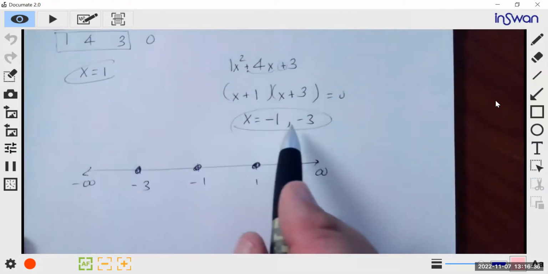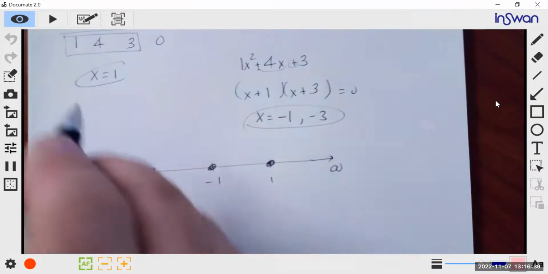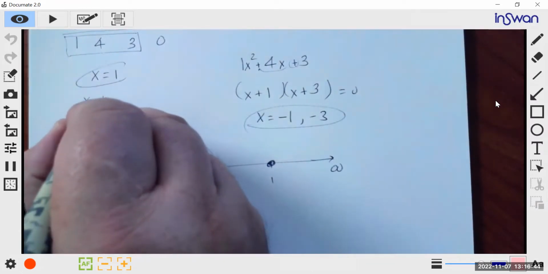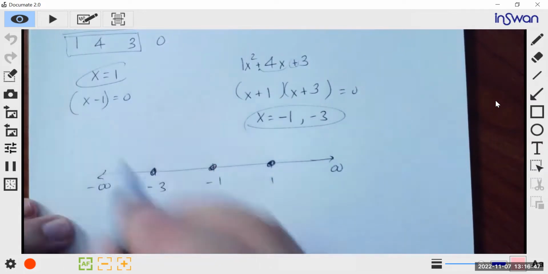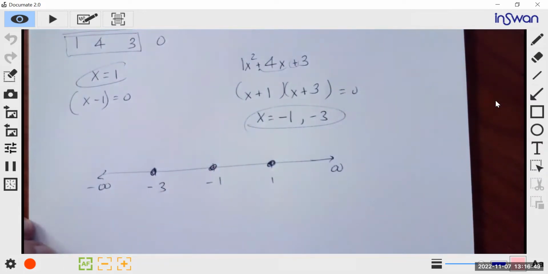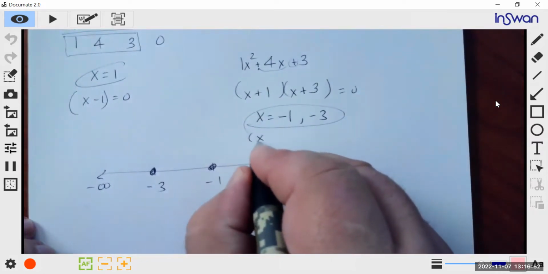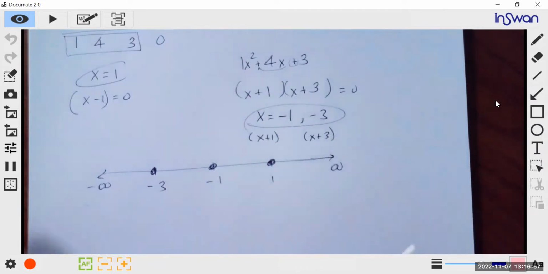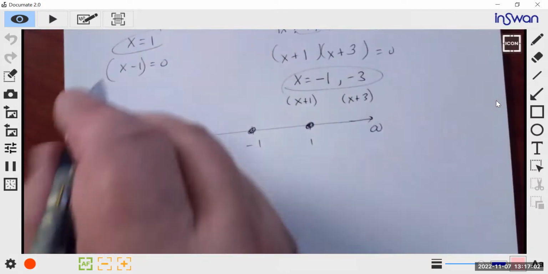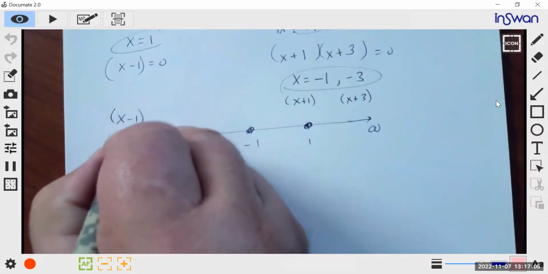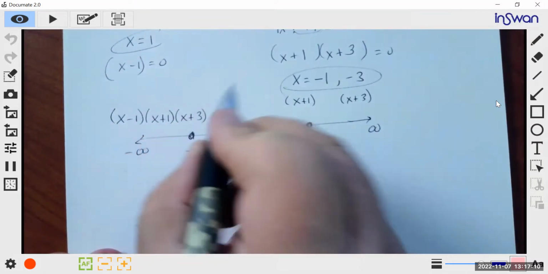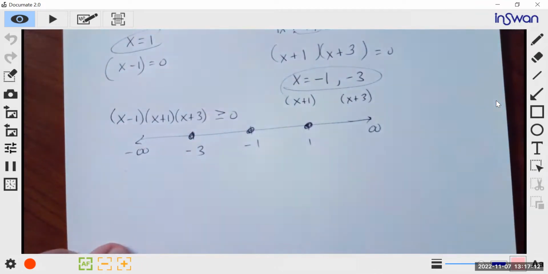Since we know the x-intercepts, we know the factors. Since this is x equals 1, we subtract 1 from both sides, and that's our factor. x minus 1 is a factor. Then x plus 1 is a factor. x plus 3 is a factor. I need to have those because I need my inequality. It's going to be greater than or equal to 0.